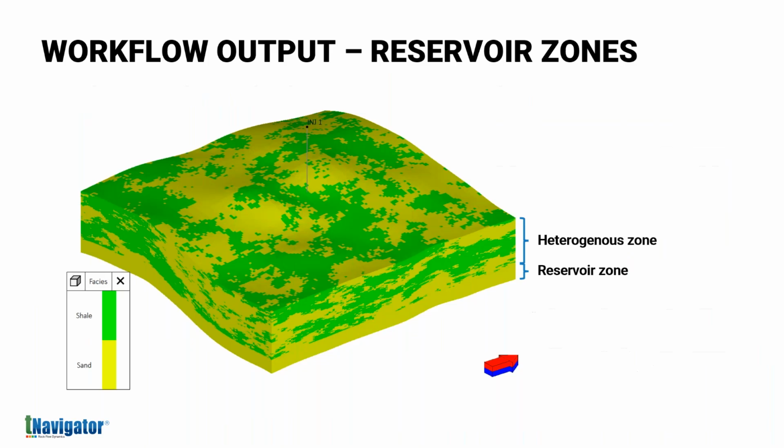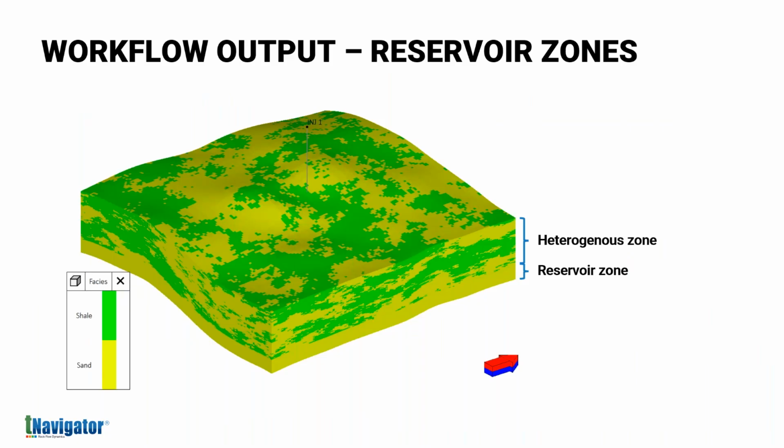The output, just one example, looks like this. So we're looking at the sand and shale distribution. We purposefully kept it to only two facies types to be able to control the parameters more easily, and also be able to come out with simple learnings and a good narrative at the end of it.